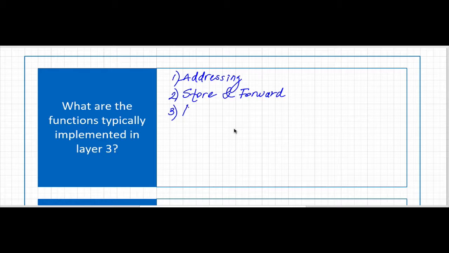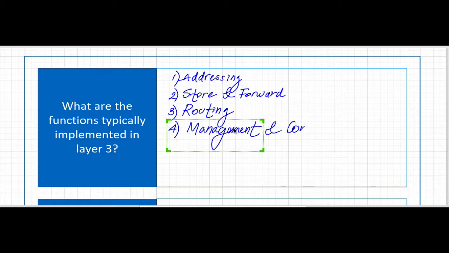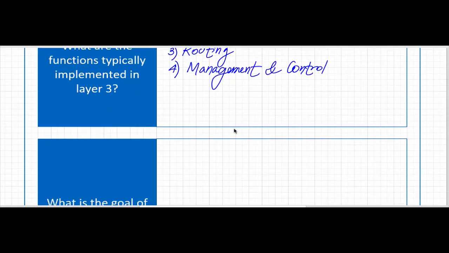And now the step for this week and next week is routing. Routers will also be in charge of understanding how to create that forwarding table based on a distributed algorithm called routing. And there's a fourth one, which is common to lots of layers, which is management and control. We'll talk a little bit about this next week in class. So those are the typical functions of layer 3.